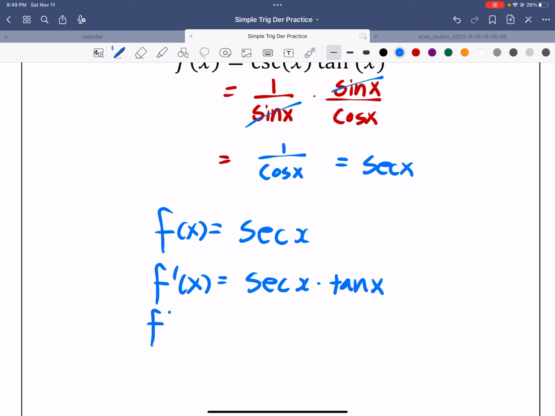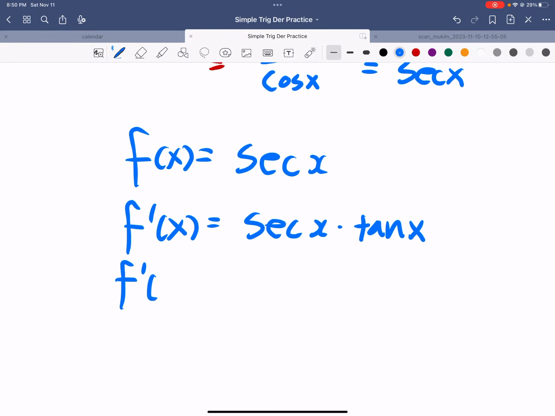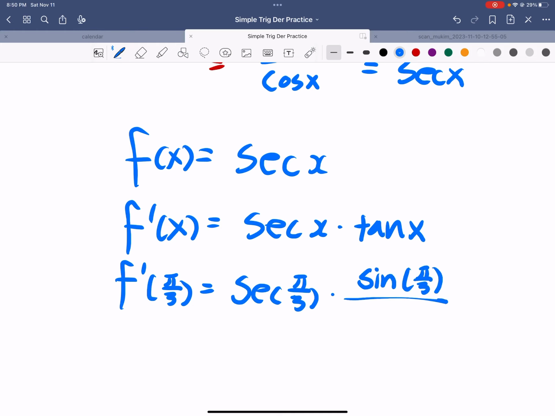And now let's plug in the number. What is it? Pi over 3. So it's equal to secant pi over 3 times tangent pi over 3, and tangent is sine over cosine, and there's nothing like this, so I'm going to just write sine pi over 3 over cosine pi over 3.